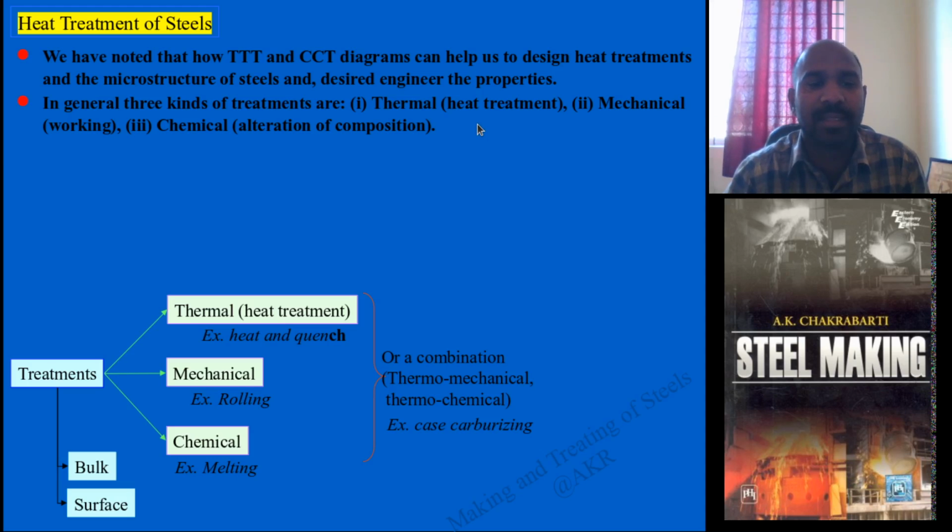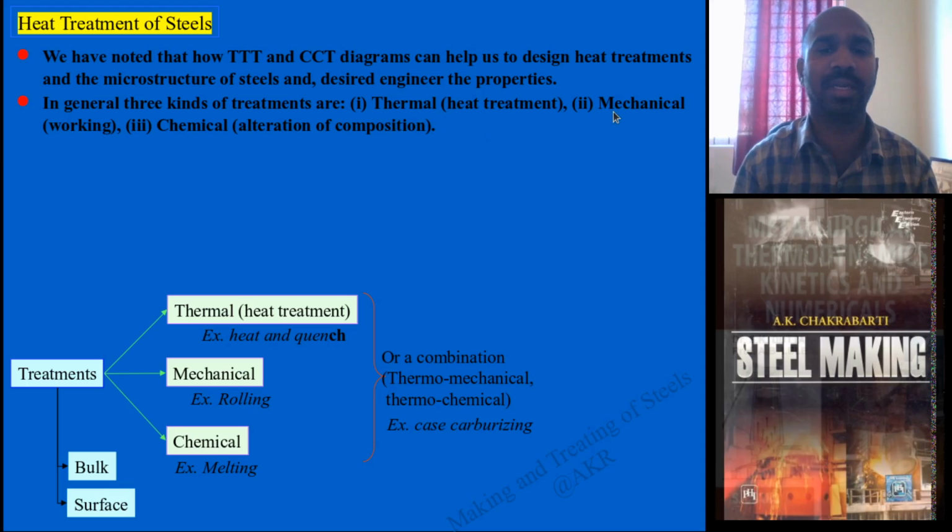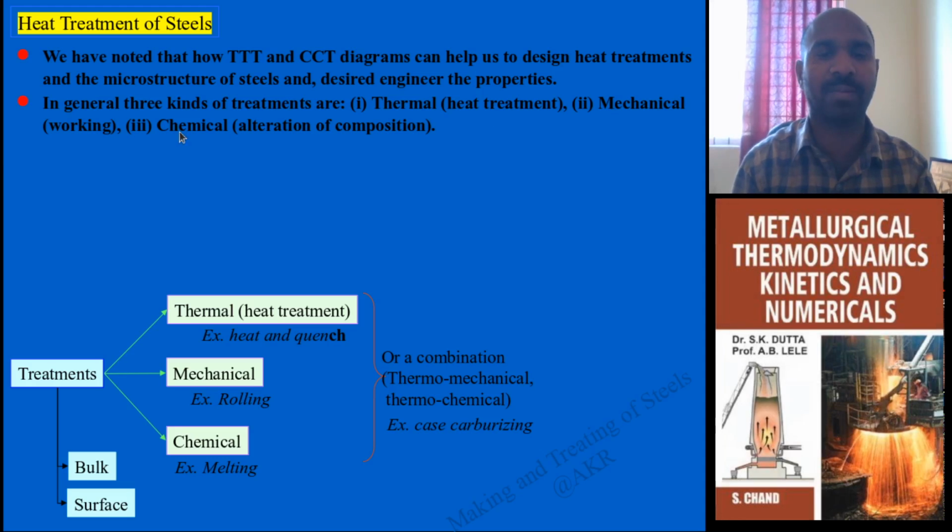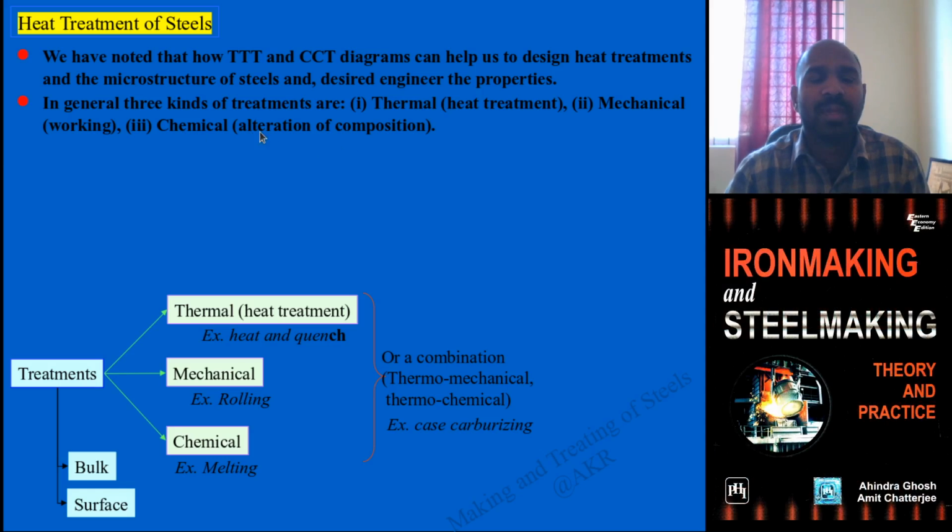Heating and cooling is called thermal treatment or heat treatment. If it deals with forces, it is called mechanical treatment or working treatment. If it changes the composition by melting and casting, that is chemical treatment.